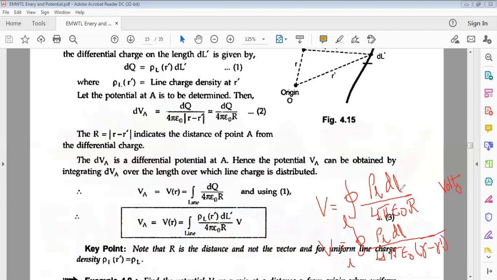This is the potential due to the line charge.